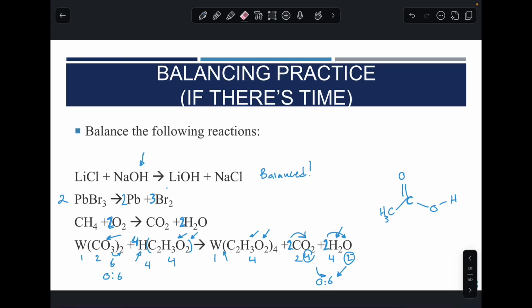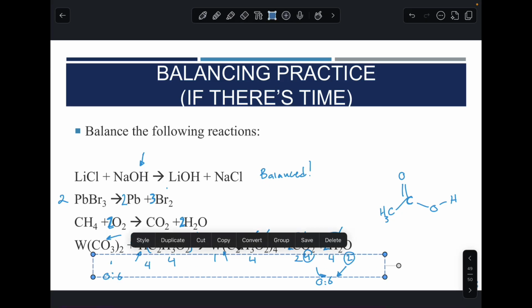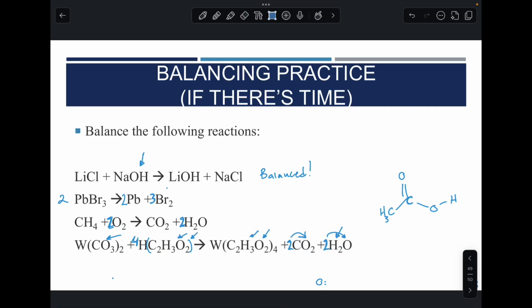We did everything. So I'll erase all of this just so that we can see everything. I won't delete the stoichiometry though, and we'll go ahead and check it. We have 1 tungsten. We have 2 carbons that don't come from the acetate ion.